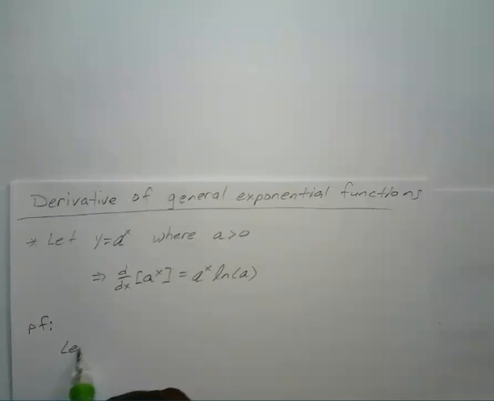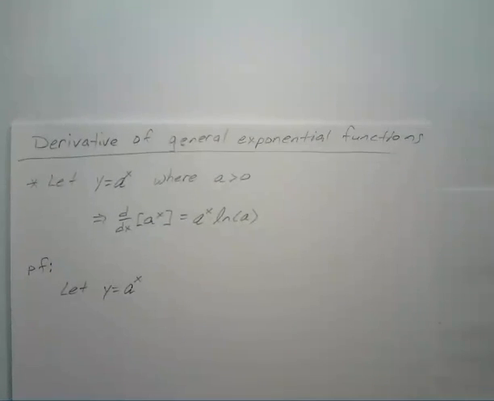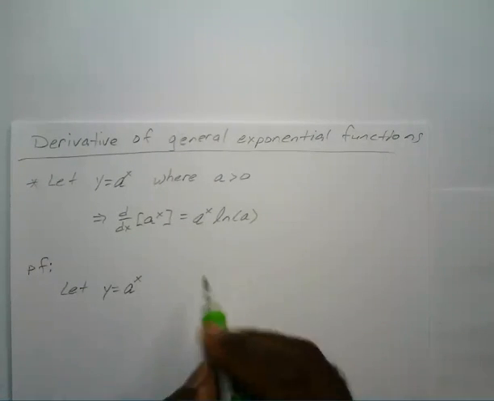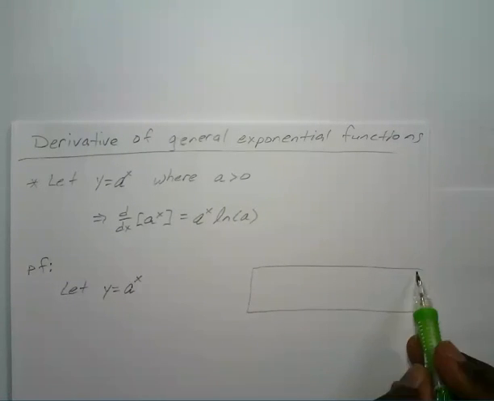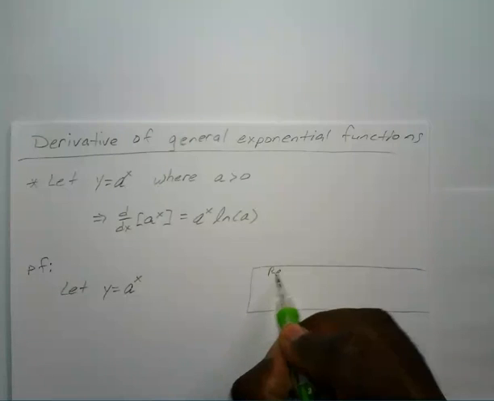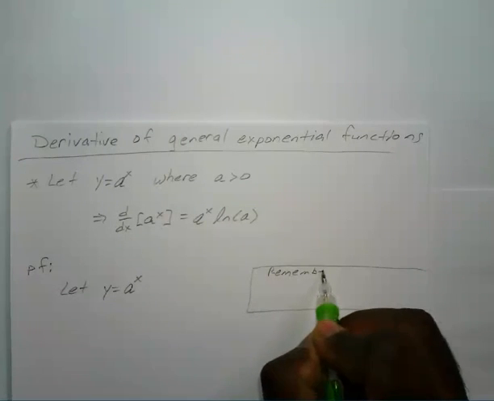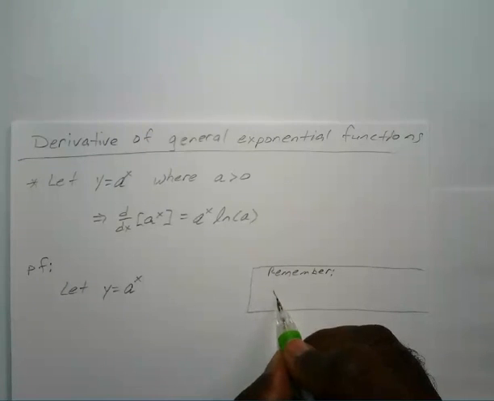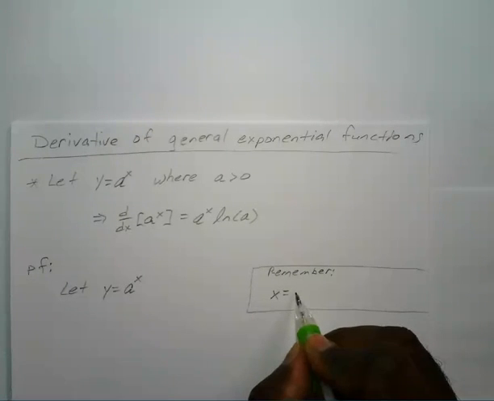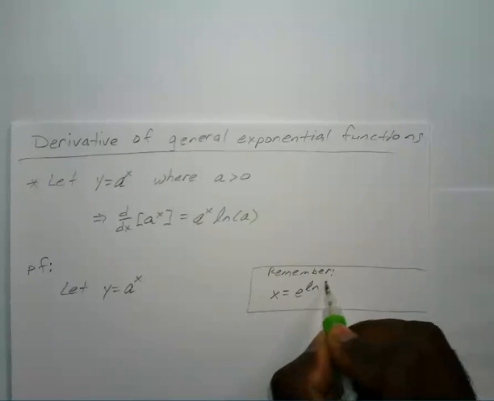Okay, so we know that y is equal to a to the power of x. If you remember, as a reference point, x is equal to e to the power of natural log of x.